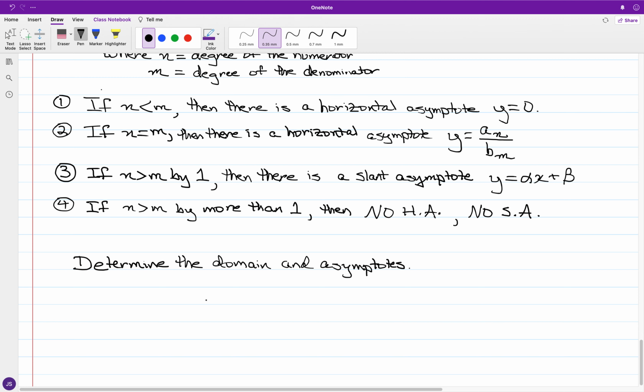And we'll see in the first case, we have r of x is equal to 3x plus 1 all over x plus 2. Again, I'm going to start out with one that is already in simplest form.